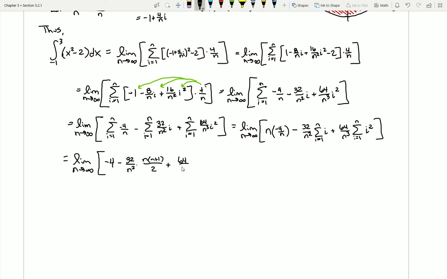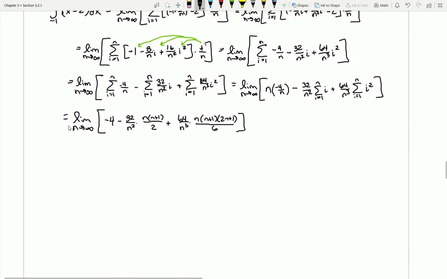The rest can be replaced with, I still have my 64 over n cubed, and then the rest of this can be replaced with n times n plus 1 times 2n plus 1, all divided by 6. Now I'm going to quickly think about what's going to be happening as I try to evaluate this limit. Notice I've gotten rid of all the summations.